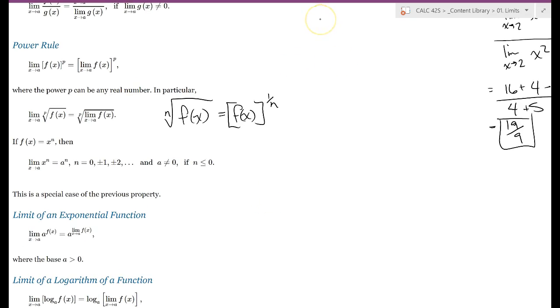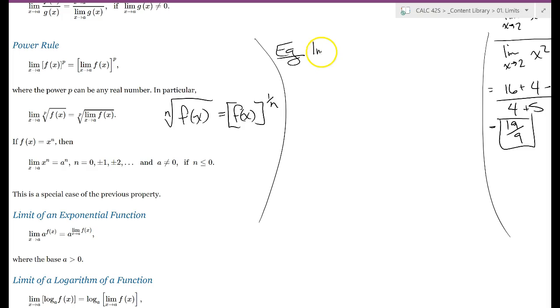So again, if we want to look at an example of this power rule, we're going to have to kind of work in some confines here. So we can see this if we take the limit as x approaches -2 of (x minus 6) to the power of 2/3.